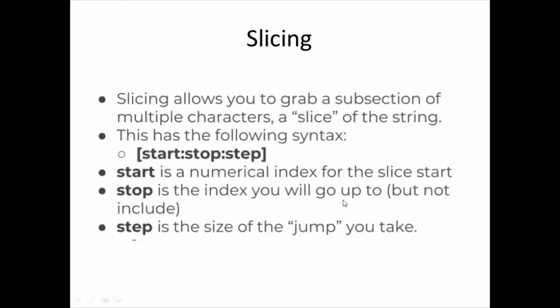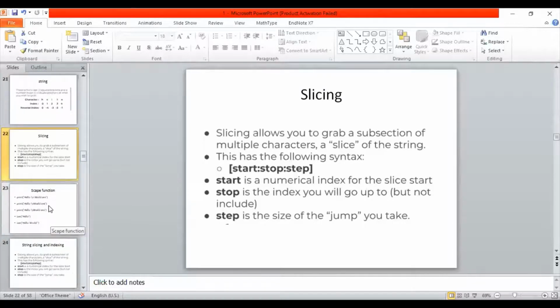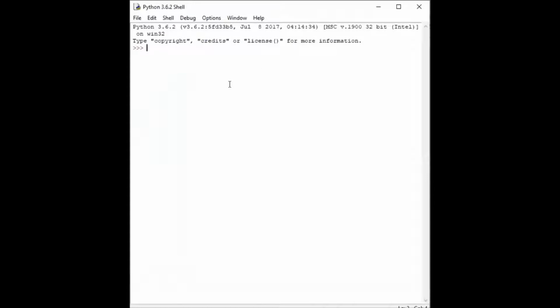So let's do it. Okay, this is the shell window of Python in which we can work, and we will check how the string works when we work with different slicing options.